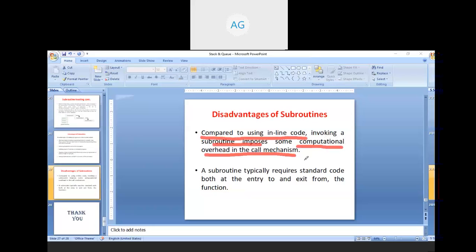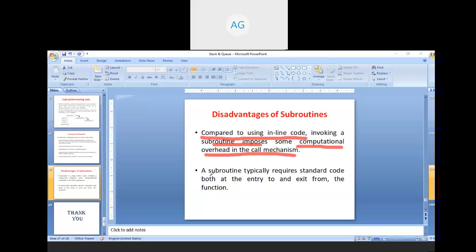As you see from the diagram, in a program one instruction is executed, and if it requires a subroutine, then before executing the next instruction it needs to go to the subroutine, and if the subroutine is taking much more time, then your program execution time will be much more, because the execution of subroutine also takes some time.